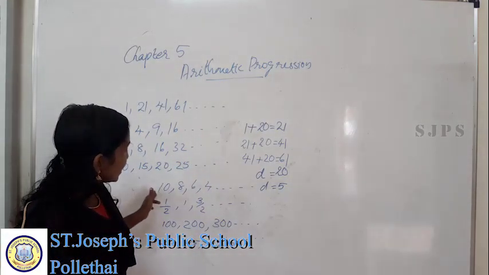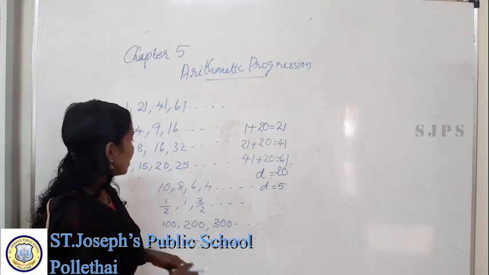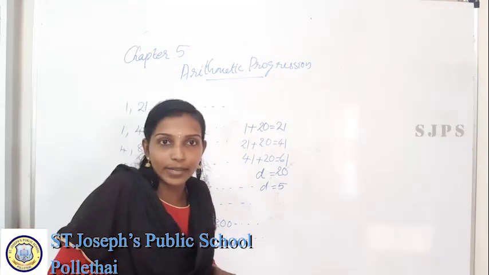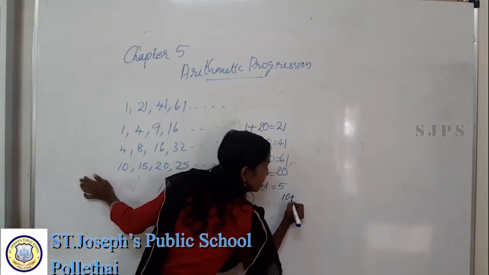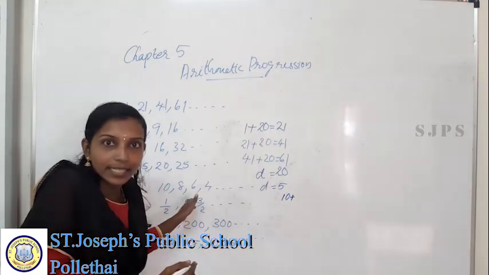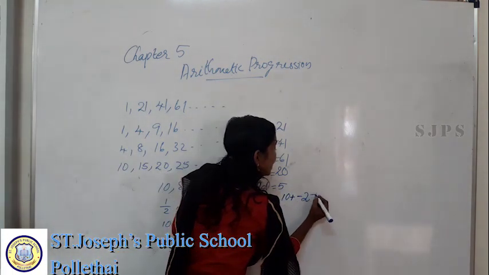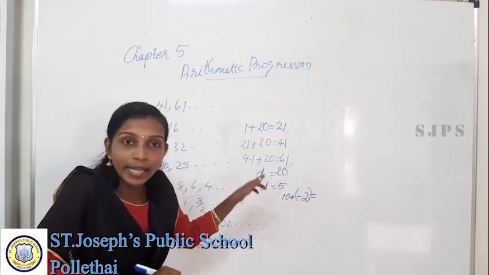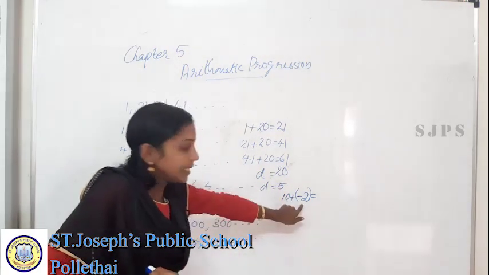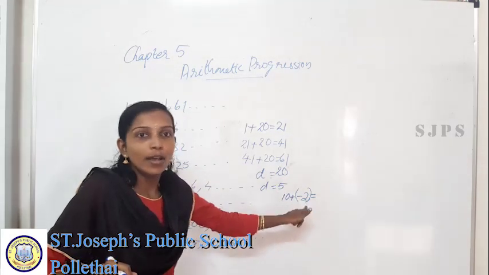Then consider this example: 10, 8, 6, 4. Here what is the common difference? 10 plus which number do you get 8? 10 plus minus 2 we get 8. When you add a positive and a negative number, first you subtract, that is 10 minus 2.